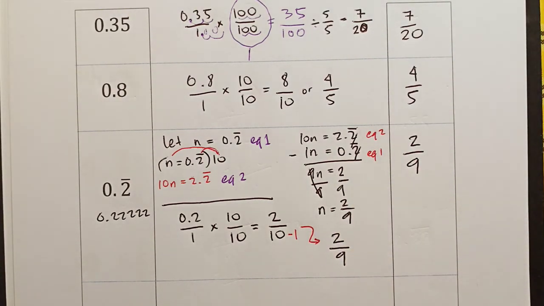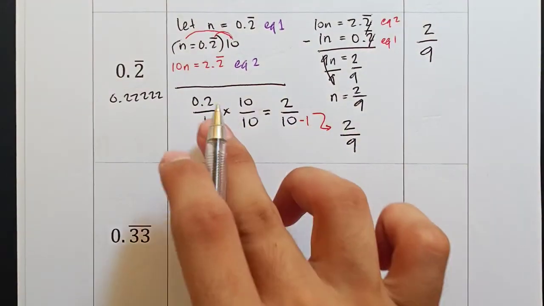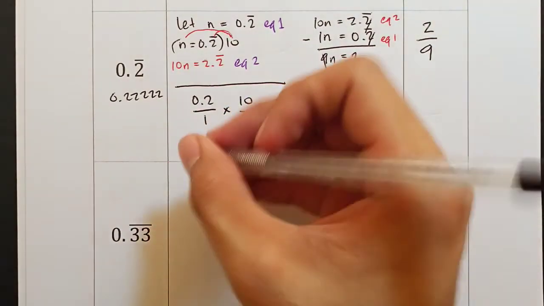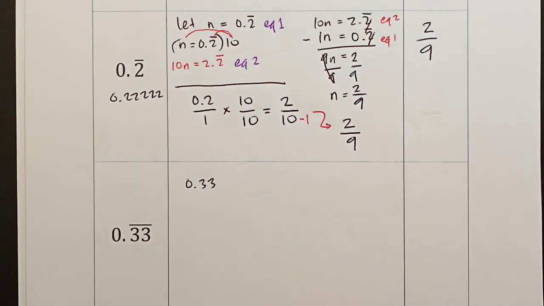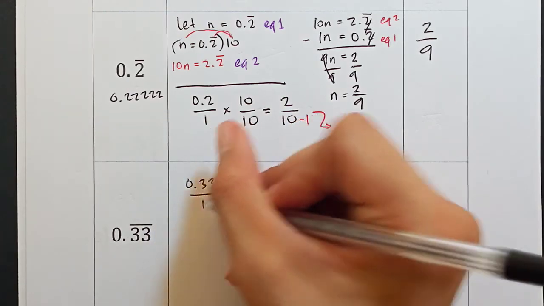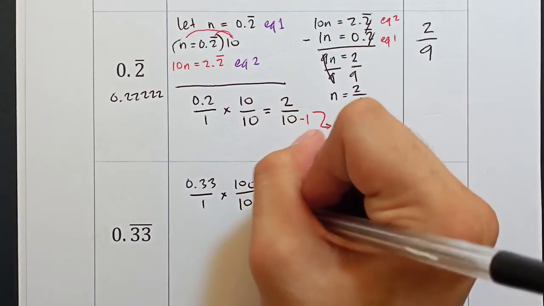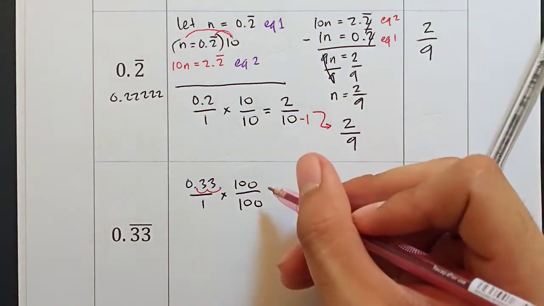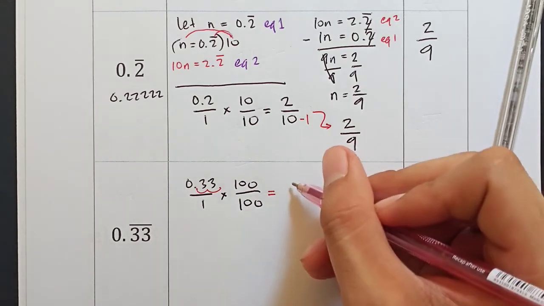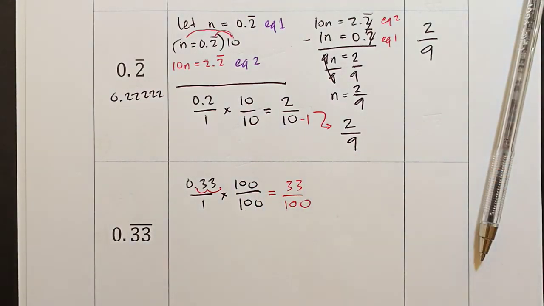So, ganun pa rin. So, pwede nyo itong gawin. Itong next example, sagutan natin siya using this method. So, 0.33 muna. Mamaya natin ilagay yung mga pampagulo. Over 1 times 100 over 100. Then move. Kasi 100 siya. Magiging 33 over 100.